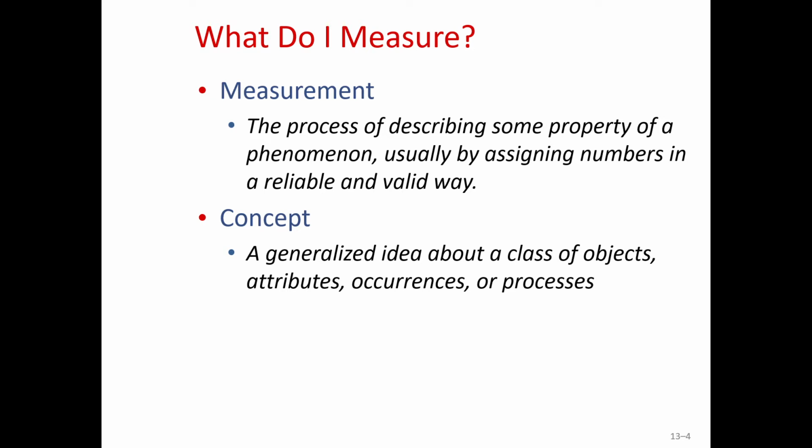When numbers are used, the researcher must have a rule for assigning a number to an observation in a way that provides an accurate description. So this is the measurement and why we measure. This is the idea.